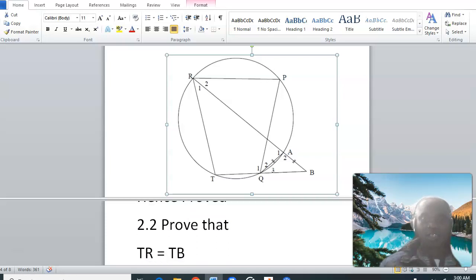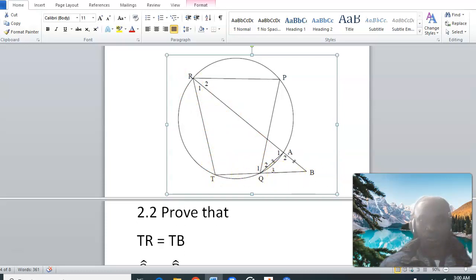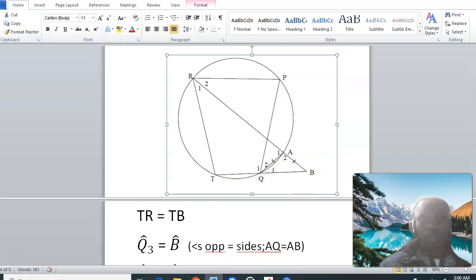Okay, the next question says prove that TR is equal to TB. To prove this, we can say that Q3 is equal to B, angle opposite equal sides.